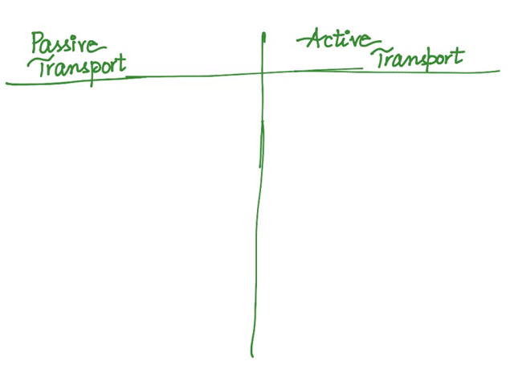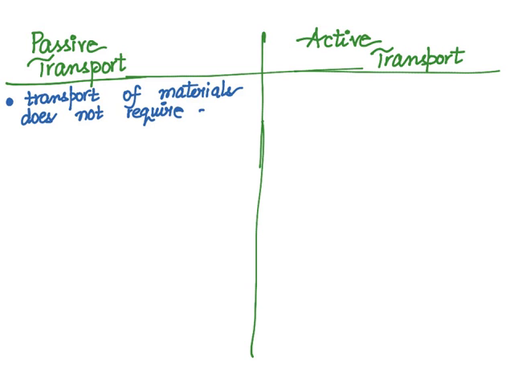All right. So basically the first point of definition is when the transport of materials does not require energy. So basically what it means is that the cell doesn't have to use any of its energy to transport the materials.